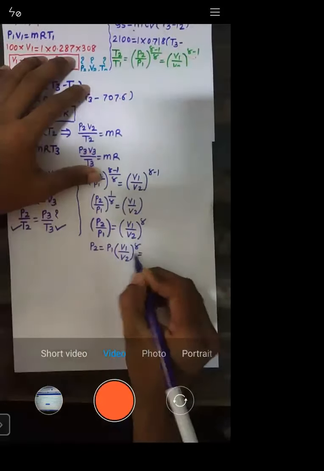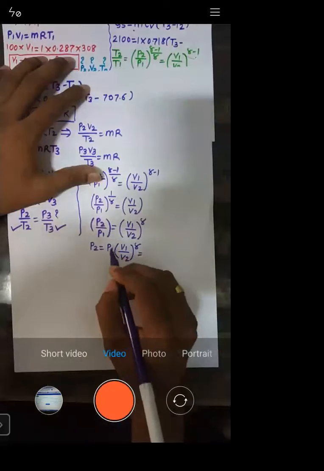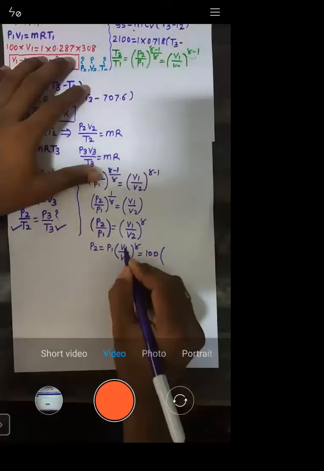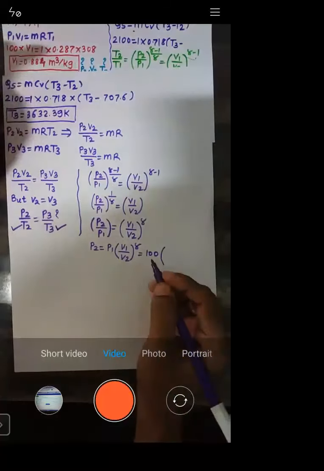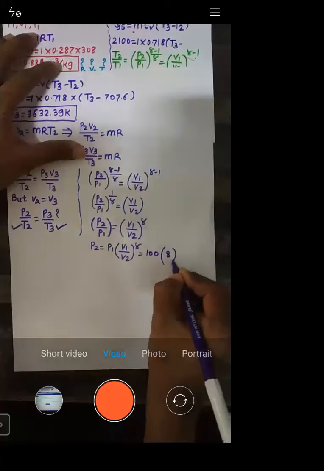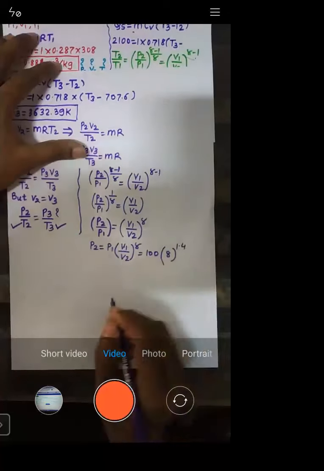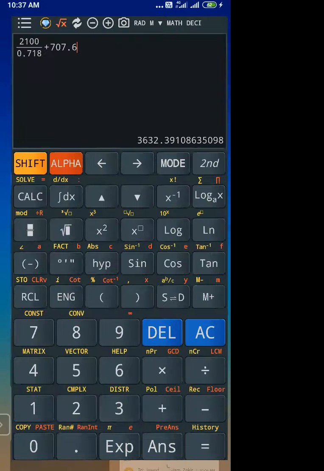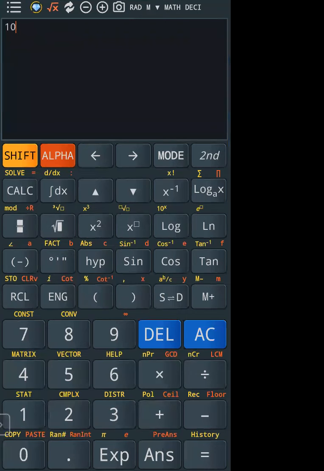So let us calculate the value of P2. For that, what is the value of P1? P1 is given as 100 kilopascal, into what is V1 by V2? It's the compression ratio RC only, and that is nothing but 8. And gamma is 1.4. So let us calculate P2 now. 100 into 8 raised to power 1.4.